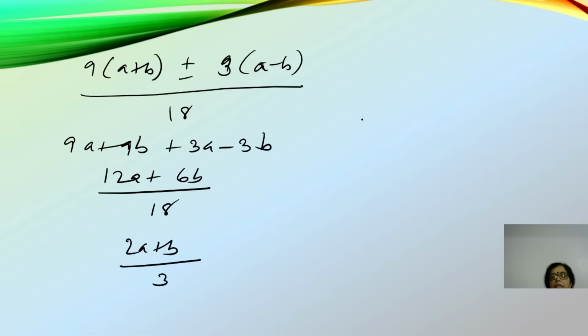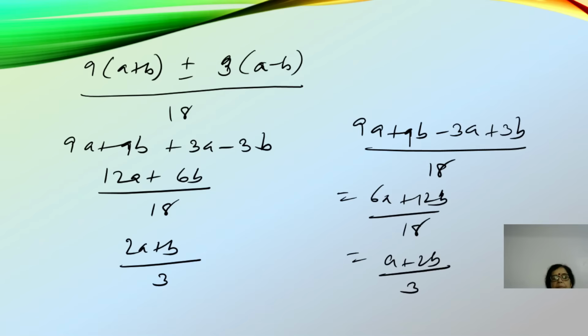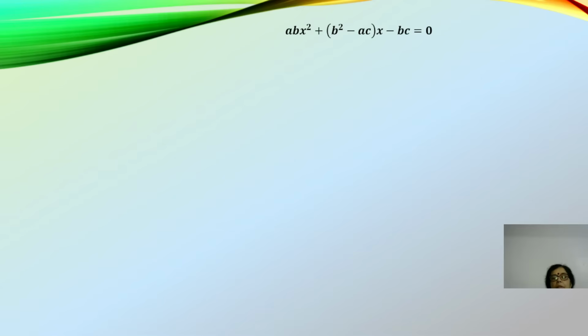And if we take the negative sign, it will be 9a plus 9b minus 3a plus 3b by 18. So this becomes 6a plus 12b by 18. So this becomes equal to (a plus 2b) by 3. So the two solutions were obtained that way.